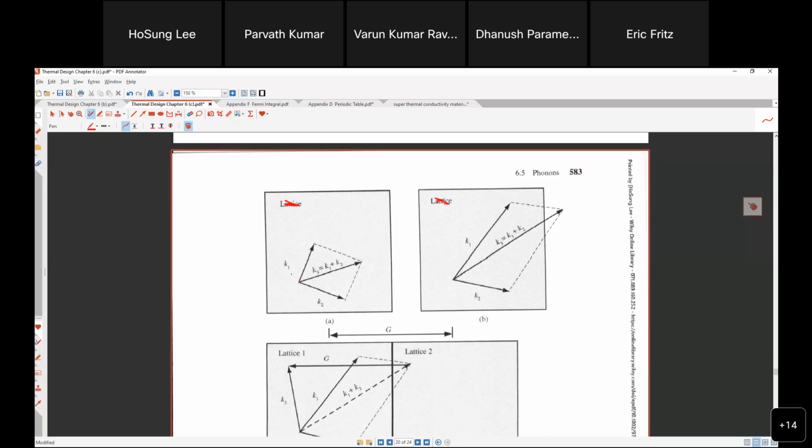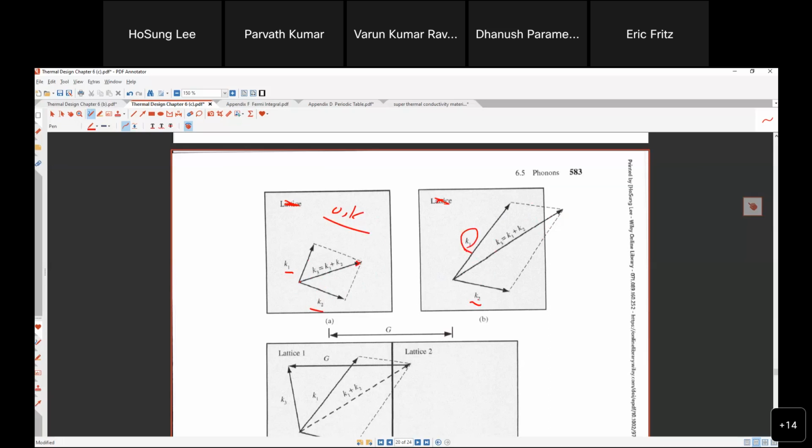So K1 and K2. According to the physics, K1 and K2 combine to become K3. Inside the Brillouin zone, this is okay. But when the combination of K1 and K2 is greater than the Brillouin zone, it's impossible.